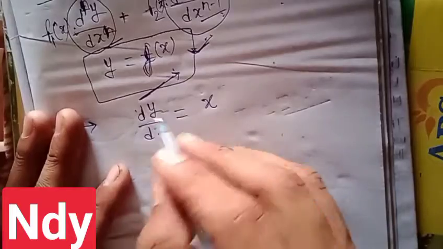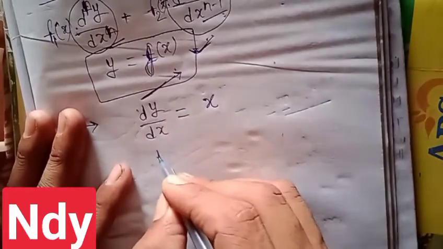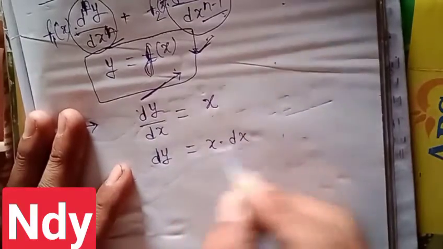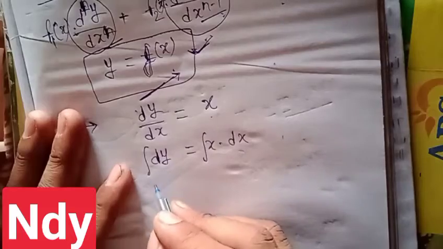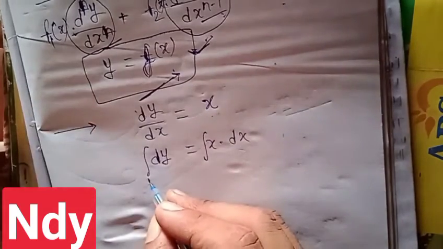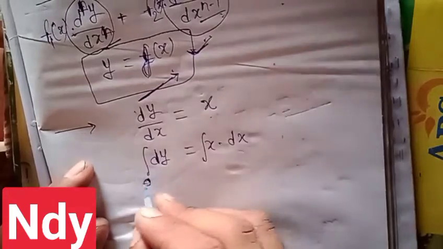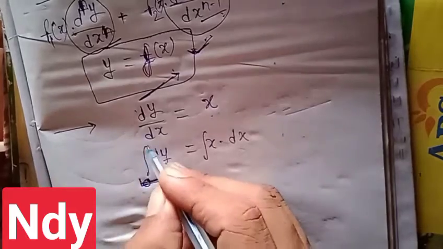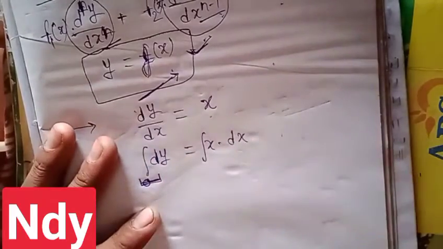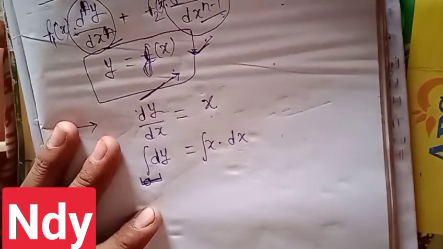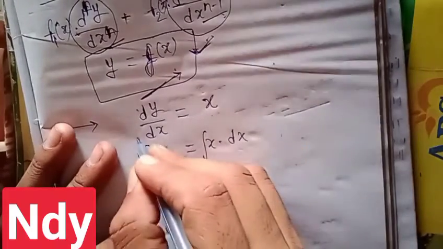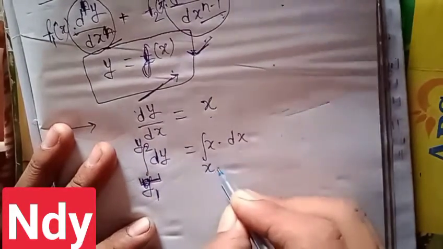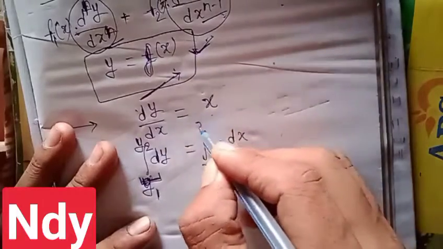If we want to solve this, we can write dy is equal to x times dx and integrate both sides, where y goes from y1 to y2 and x goes from x1 to x2.